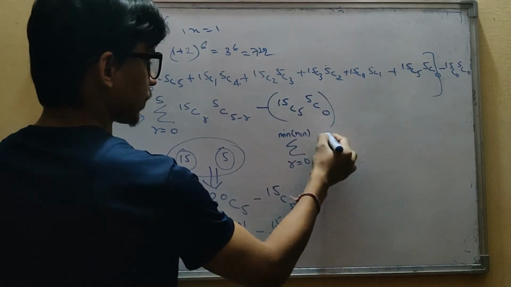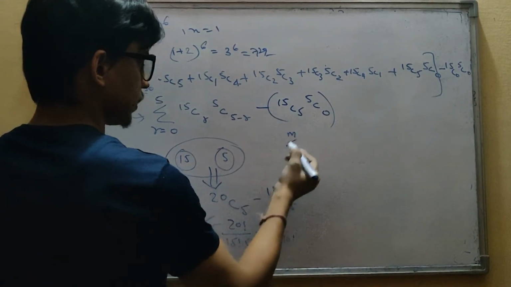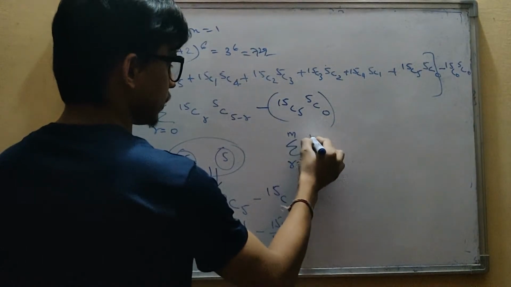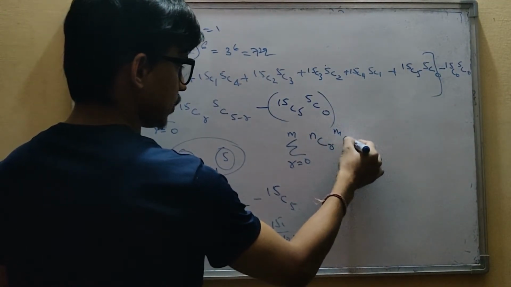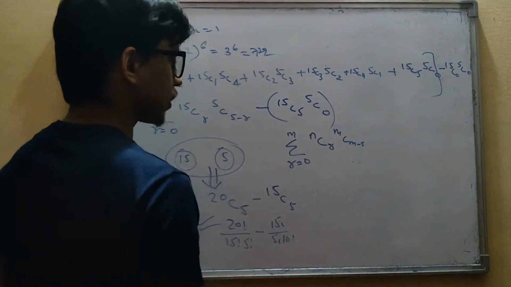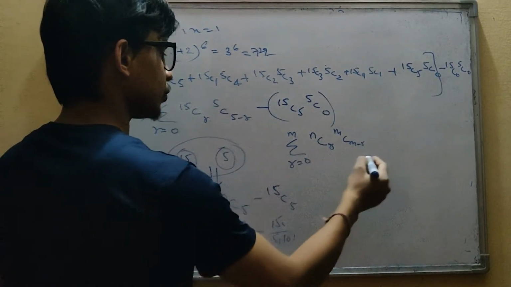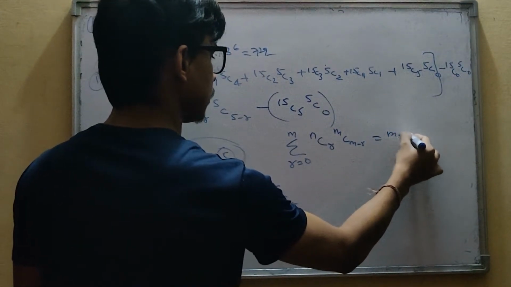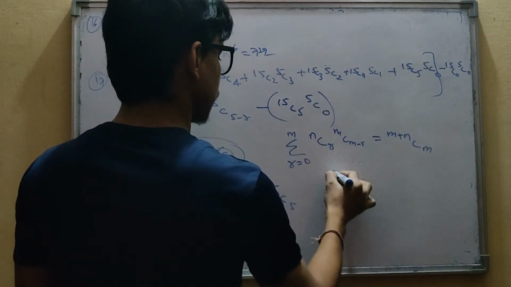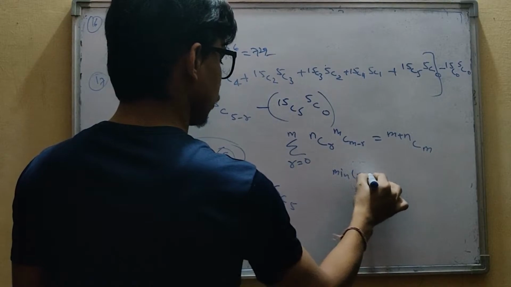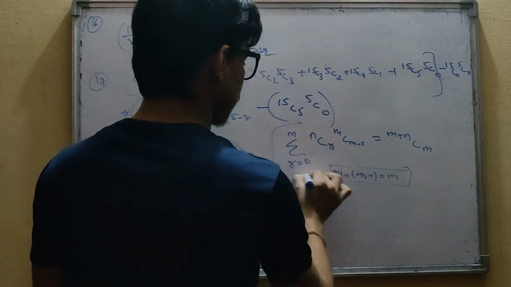Considering that m is the minimum, this can be written as nCR times mC(m minus R), and this can be written as (m plus n)Cm, since the minimum of m and n is m, right? So this is how you can remember it.